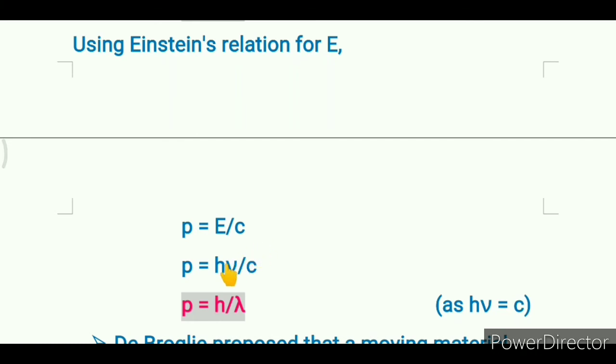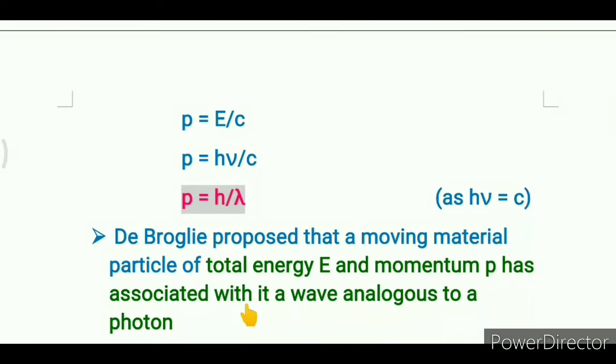The energy of the photon is h nu, so the momentum is h nu upon c, and hence there is a relationship between frequency and wavelength: the momentum is given as h upon lambda, where nu upon c is equal to 1 upon lambda. So de Broglie proposed that a moving material particle of total energy E and momentum P has associated with it a wave analogous to a photon.